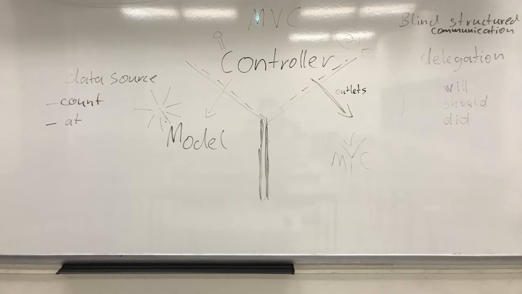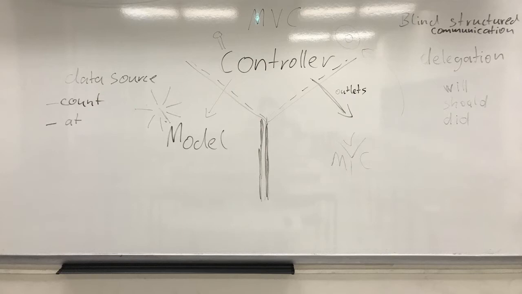Theoretically, the view doesn't know what kind of controller it's talking to. It has a generic sense that, oh, I can tell this controller that something has happened. But what kind of controller I'm talking to, we don't want to specify.